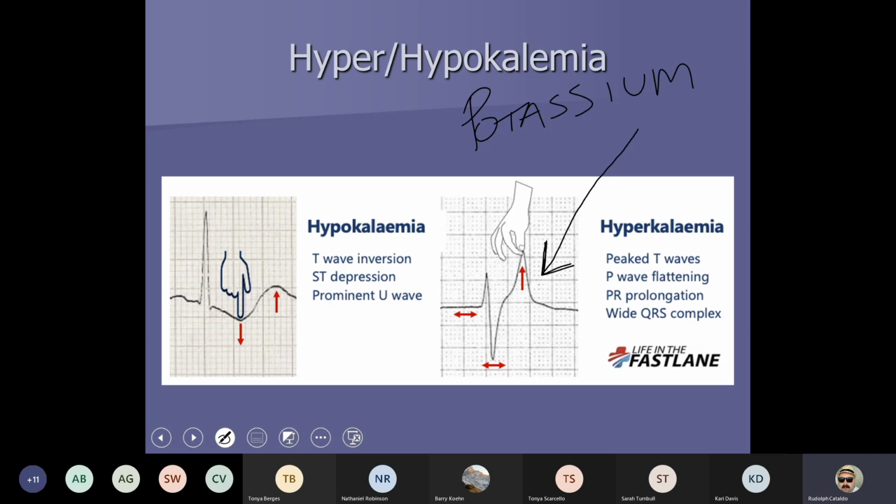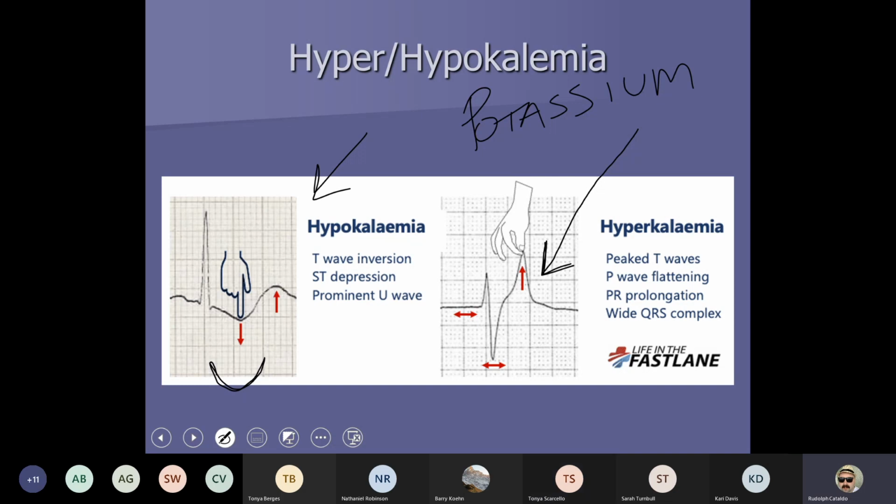We can also be hypokalemic in the cases of sweating, dehydration, and we get what is called a U wave. If you look on the left side of the screen here, a U wave is literally your ST segment that looks like a U. Is there a lead that will be most evident in?